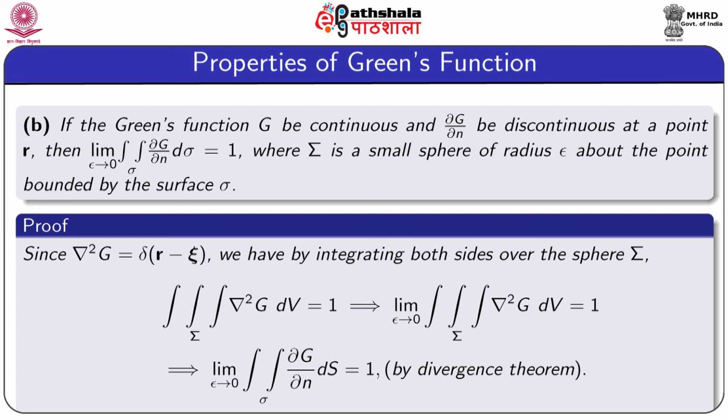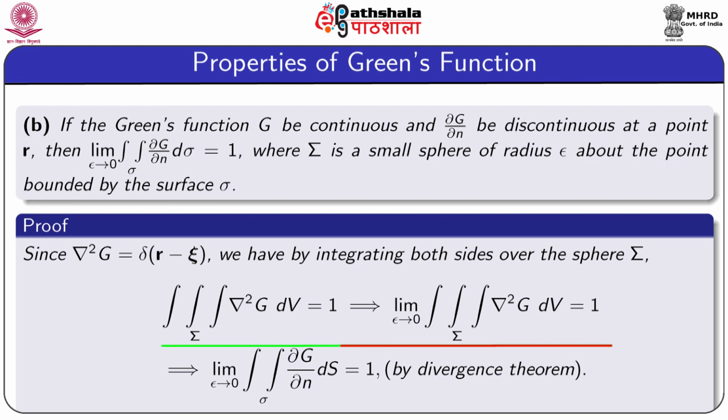Now, we know the property of Green's function as Laplacian squared G is equal to delta r minus xi. Now, we integrate both sides over the sphere sigma. Then we obtain the volume integral over sigma of Laplacian squared G dV equals 1.